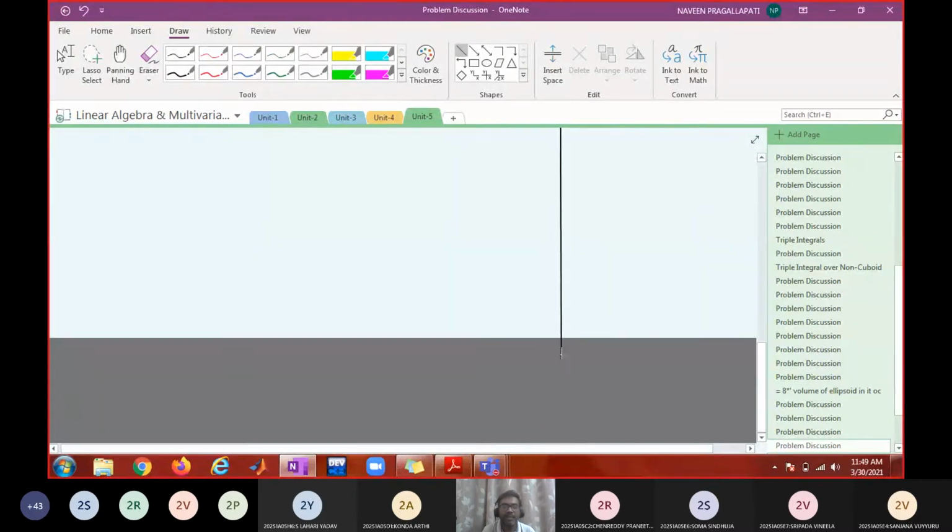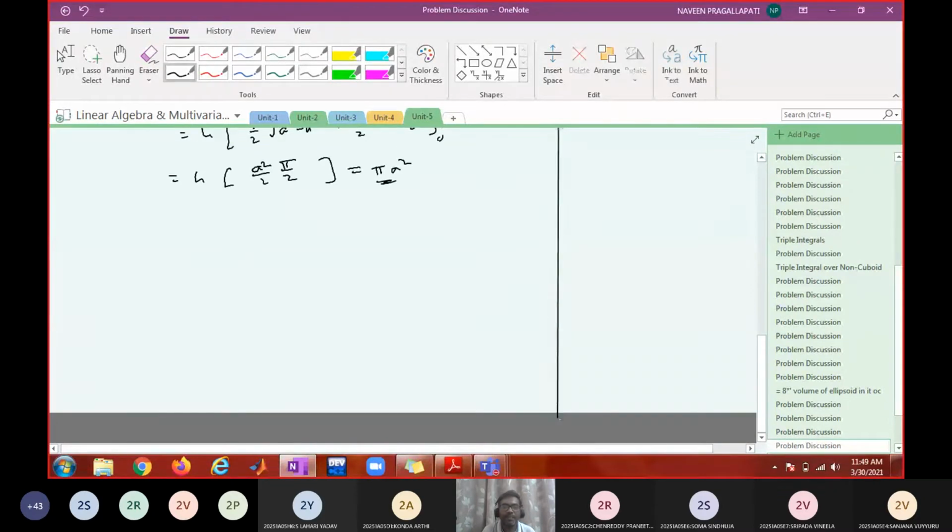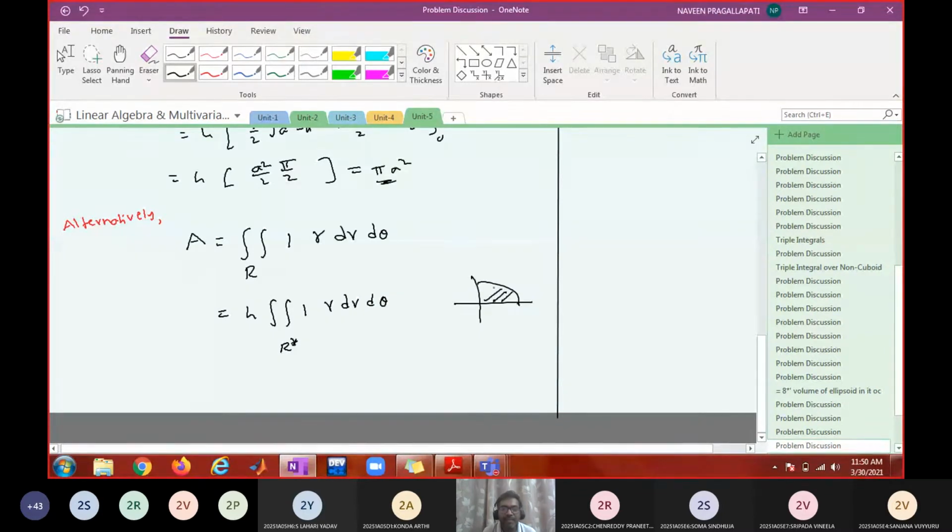Alternatively, the area equals the double integral over the region R. 1 dy dx is r dr d theta. So this is 4 times the area of the region which is in the first quadrant, 1 r dr d theta. R star is only 1/4 of the circular region.